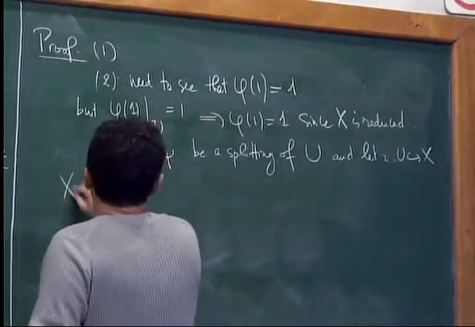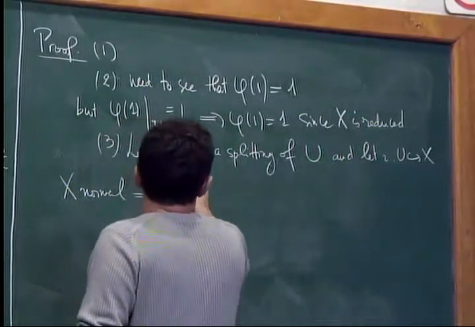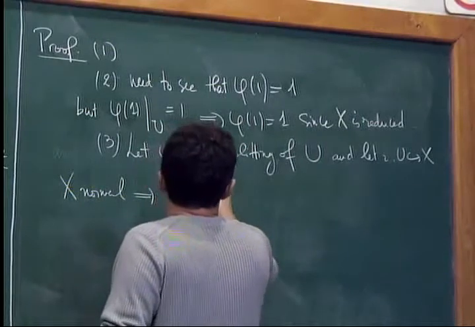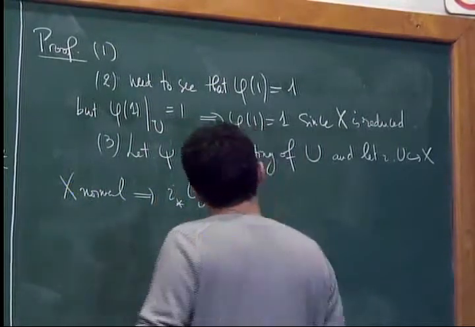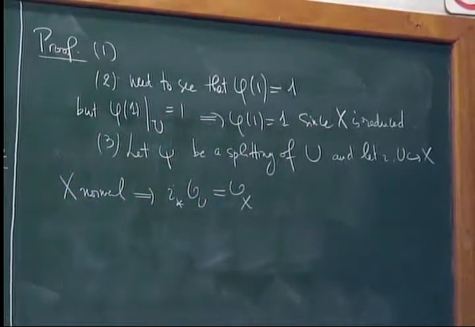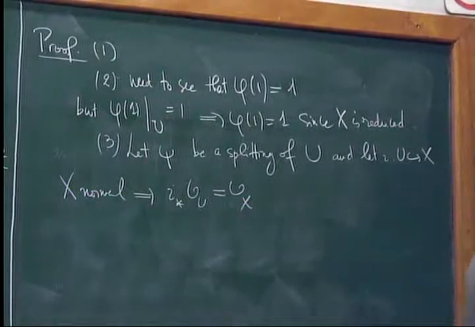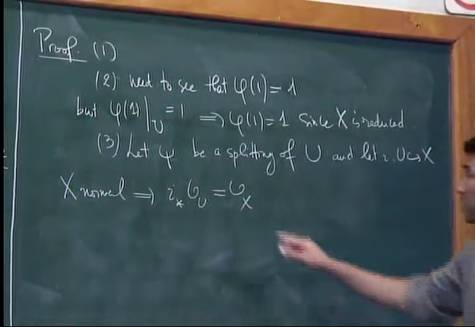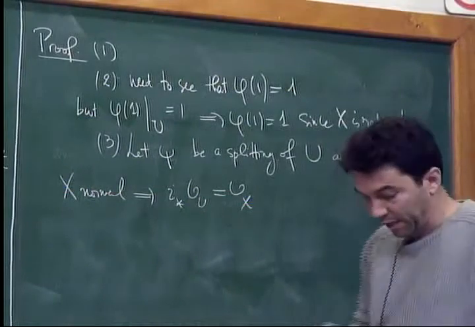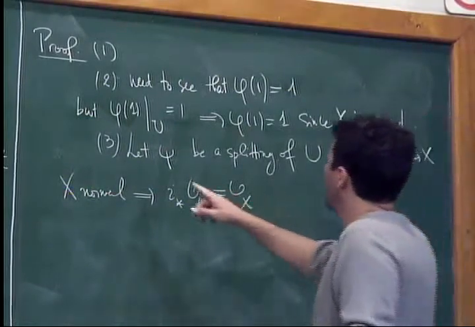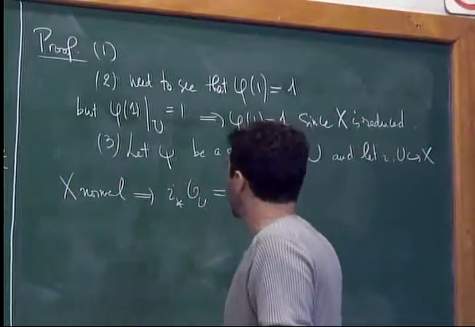So you know that since X is normal, at the level of sheaves, the push forward of O of U is exactly O of X, and it means that essentially the rational function that is regular in codimension 1 has to be regular. So this is exactly the meaning of this formula.